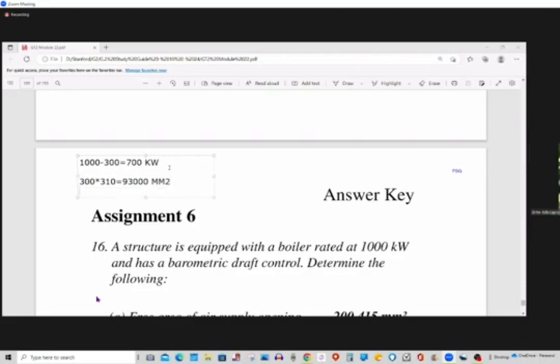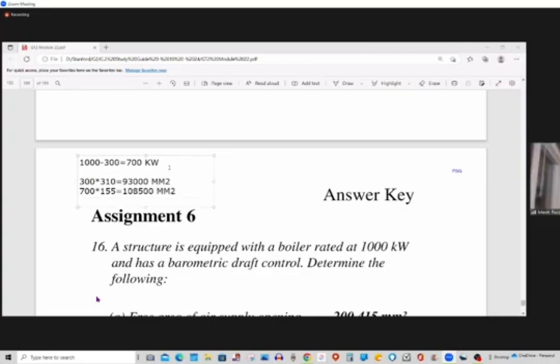It's going to be 700 times. It said the rest, 155 square millimeters per kilowatt. 700 times 155 equals 108,500 square millimeters.